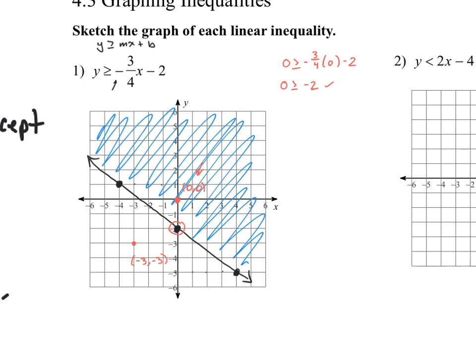Now let's check (-3, -3). Actually, I'm going to change my point. You'll understand why in a minute. And I'm going to change it to (-4, -1). And the reason why I change it to (-4, -1) is so that it'll work better with my fraction and it'll cancel out the denominator, which will make my life easier.